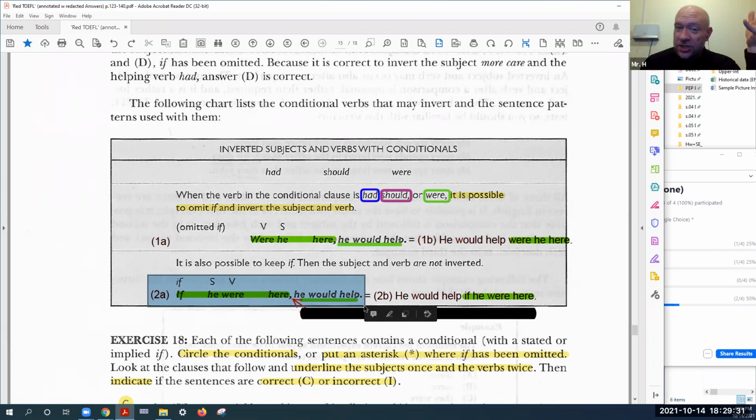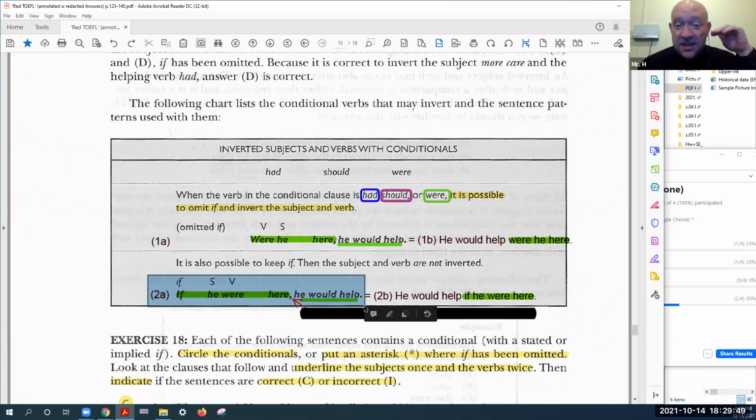Have any of you heard something like that before? Yes, "if he was here, he would help." Guess what? That is informal English, and in the TOEFL you lose marks for that.